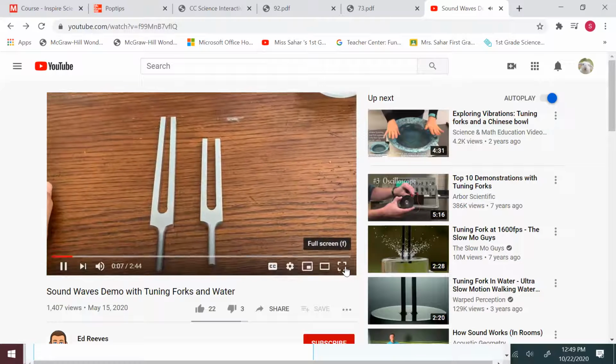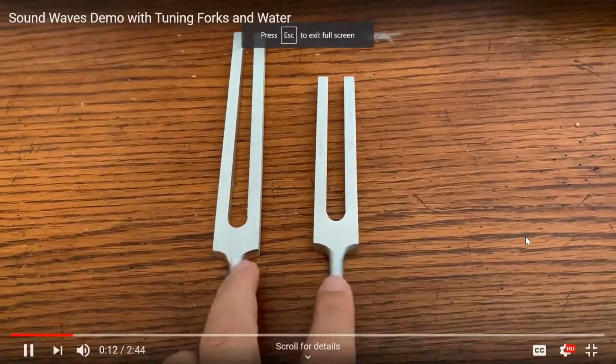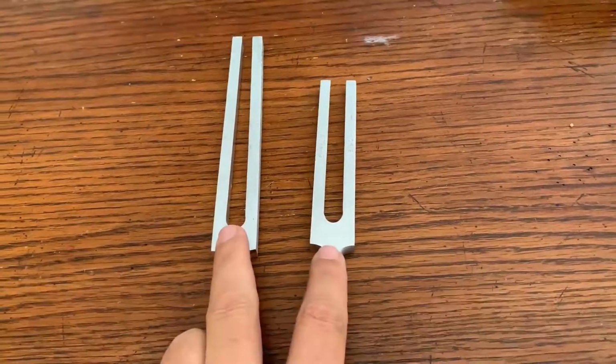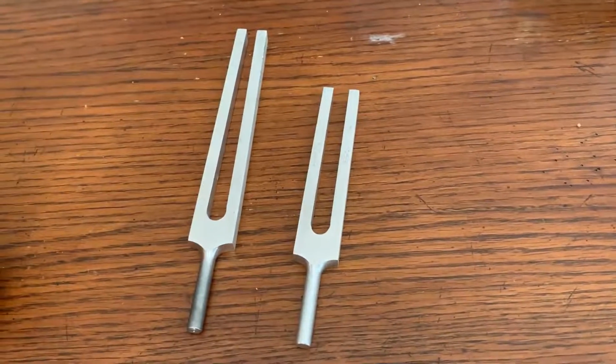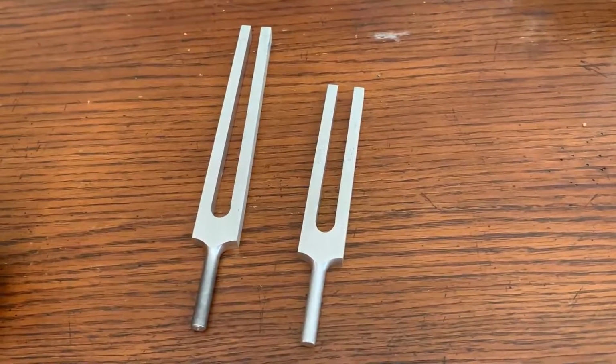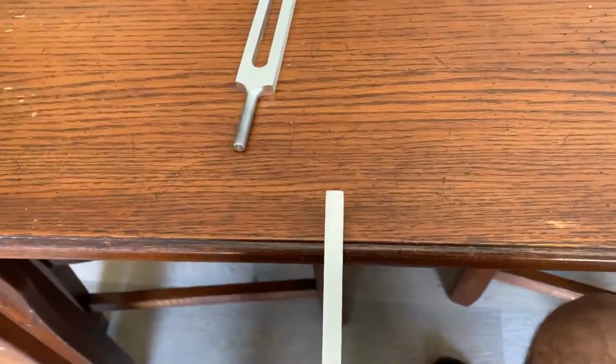Sound waves for you. And to do that, I've got these devices. They're called tuning forks. Each one produces a different frequency. Can you predict which one has the higher frequency? I don't know. Think about it. All right, let's try the little one first. So I'm going to bang it on the table and listen to the sound.